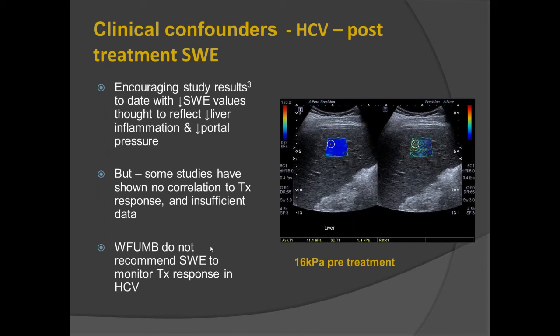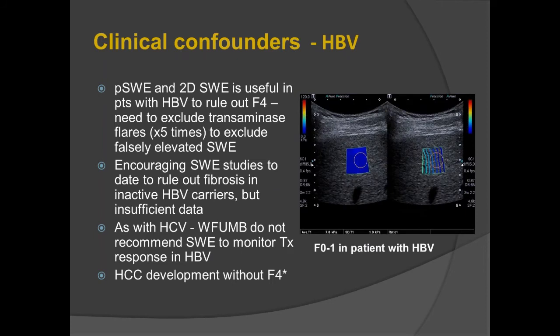Hepatitis B, as we said, this is one group where we're always mindful of have they had a transaminase flare, but irrespective, we've had some really good results to rule out fibrosis, and these are certainly probably one of our easier groups of patients because the progression to fibrosis is actually much lower in hepatitis B patients.